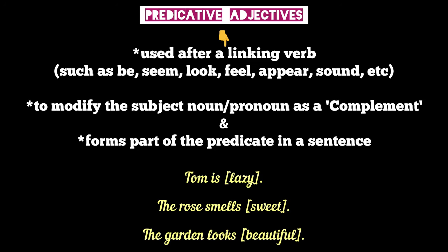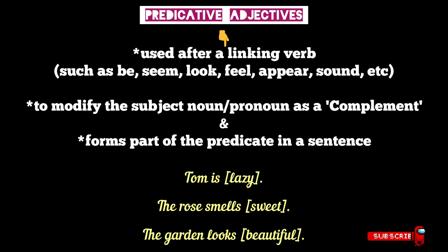So what is a predicative adjective in grammar? You see, a predicative adjective always comes after a linking verb such as be, seem, look, feel, appear, sound, etc. to modify a noun or pronoun as a subject complement.